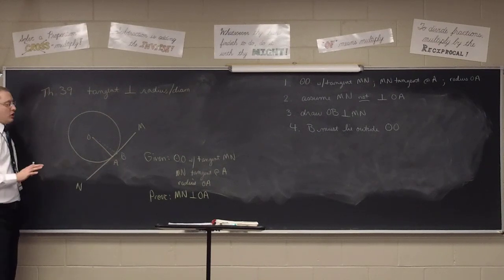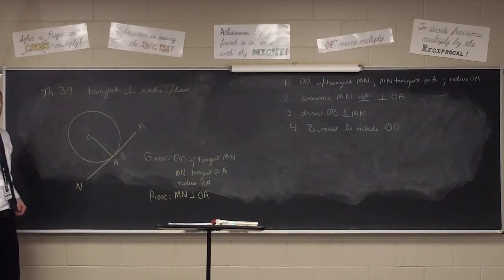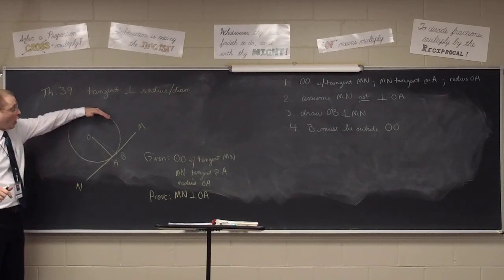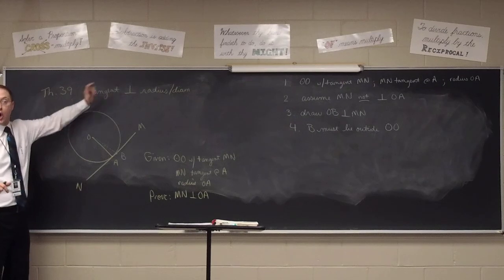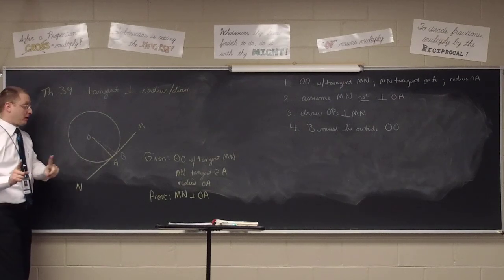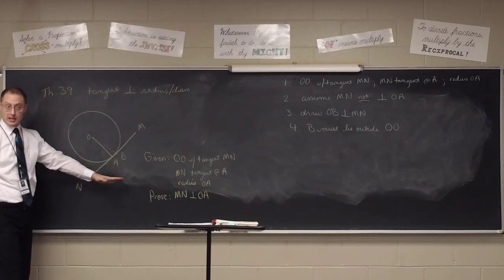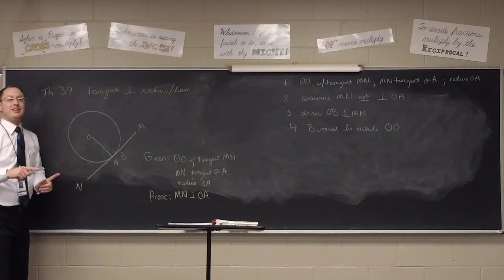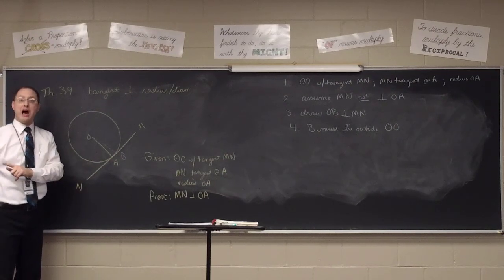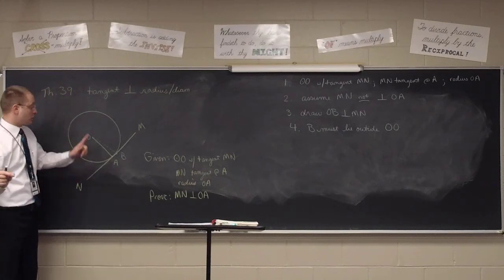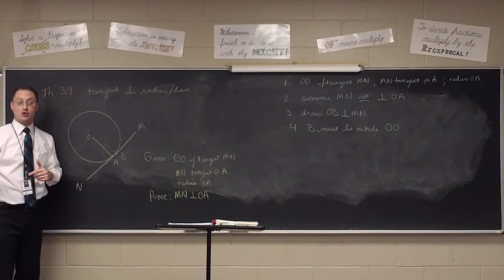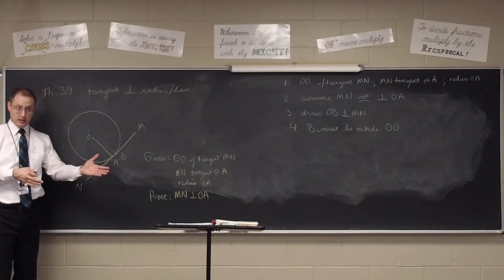Now, we had also stated that a point lies within, on, or without a circle, according as its distance from the center is less than, equal to, or greater than the radius, correct? So if a point lies outside the circle, that point's distance to the center must be greater than the radius, correct?